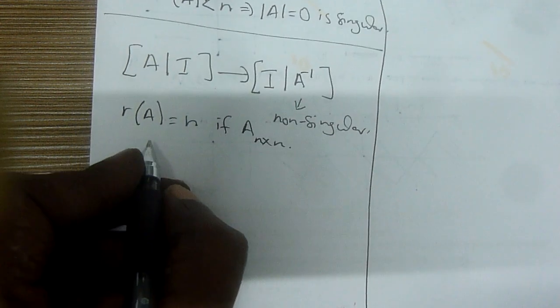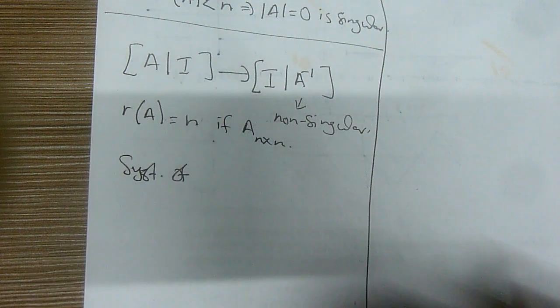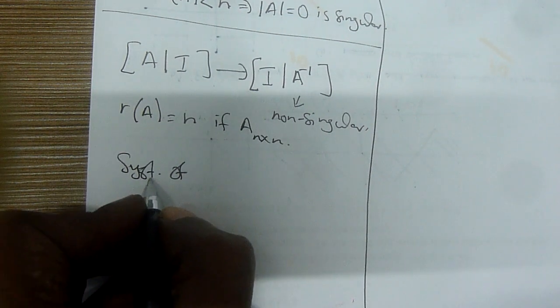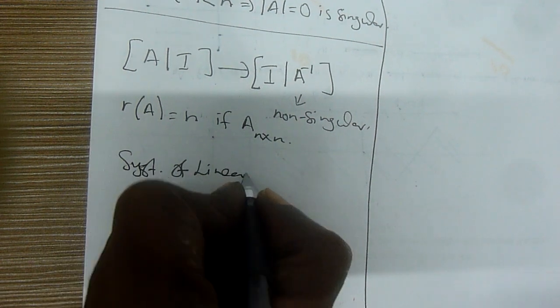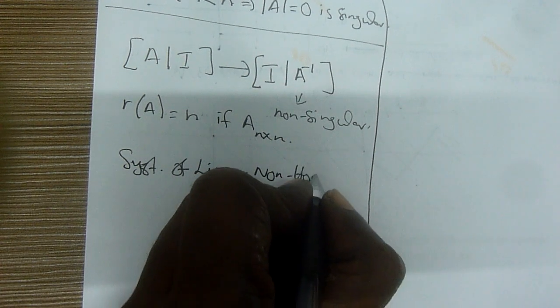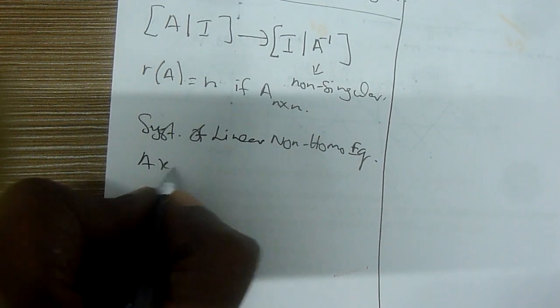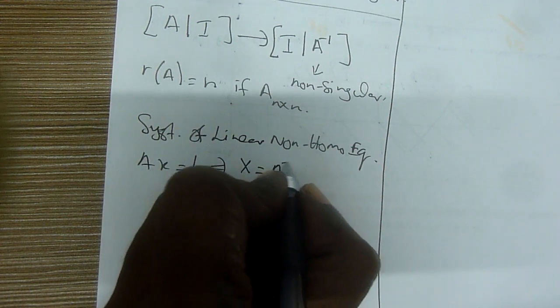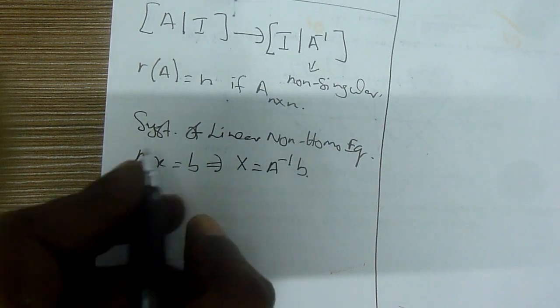Now we move on to the system of linear non-homogeneous equations. For A times X, we're going to learn one method which is quite popular in our schools, in our engineering school teaching, especially for mathematics.